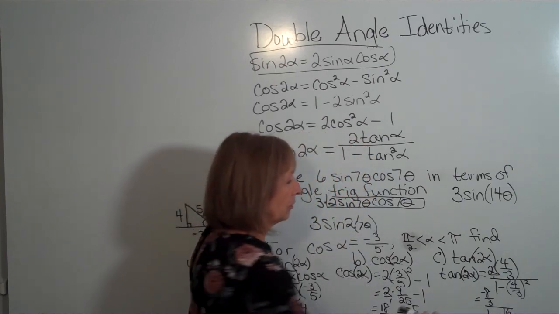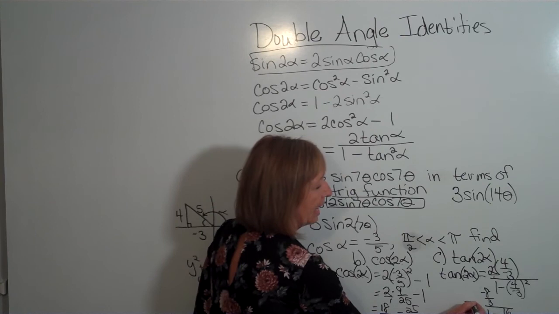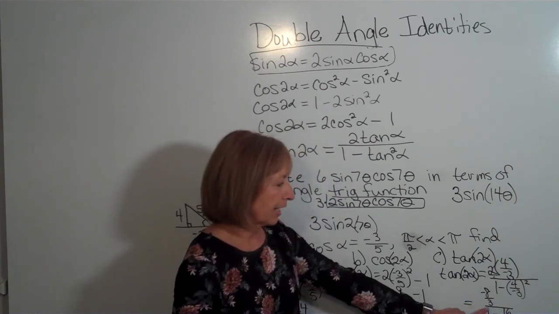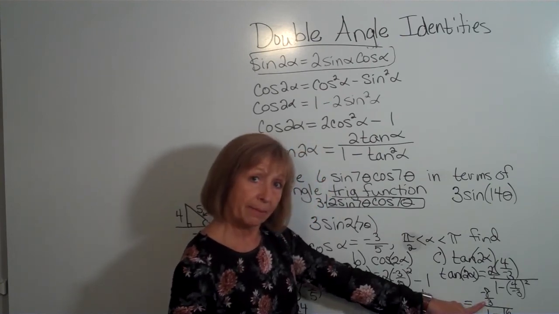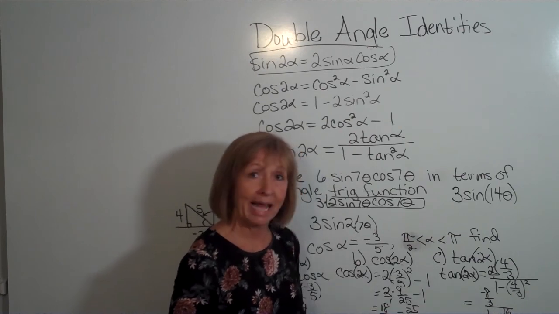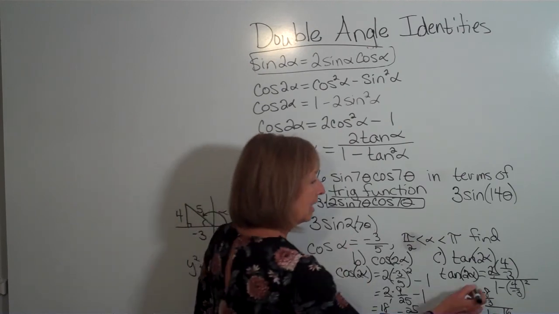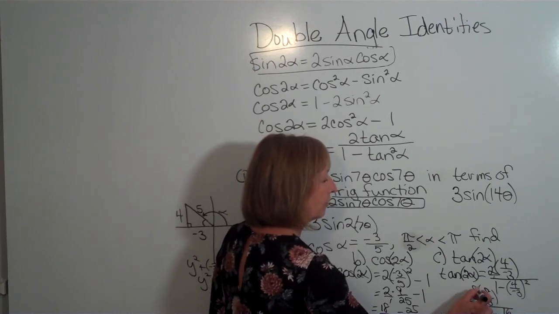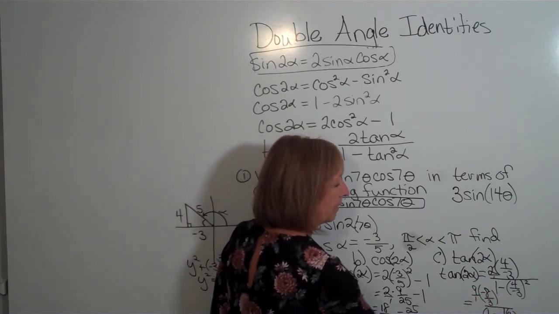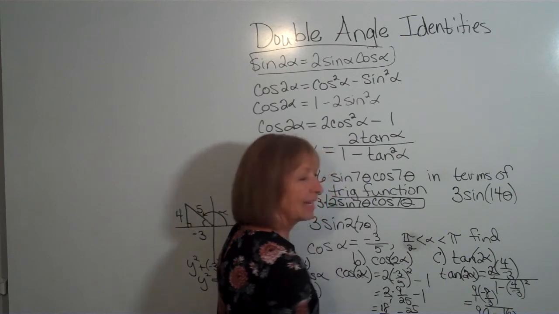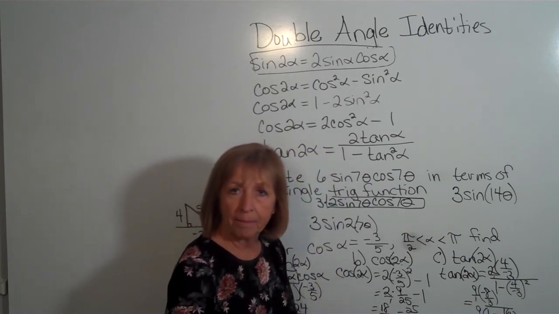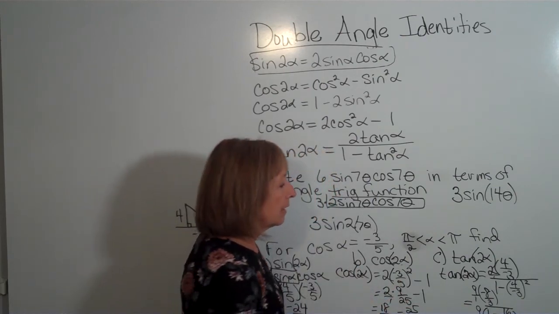Now again, in order to simplify this so I don't have those complex fractions, I look at all the denominators. I have a denominator of 3 and a denominator of 9. So my lowest common denominator is 9. I'll multiply the top by 9/1 and the bottom by 9/1. 9/1 is just 9. So I'm multiplying the top by 9 and the bottom by 9.